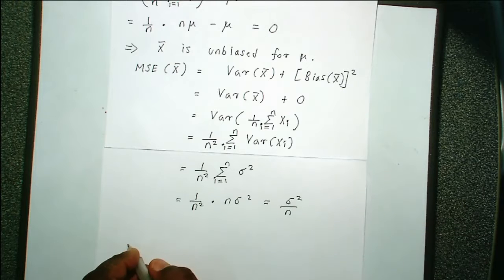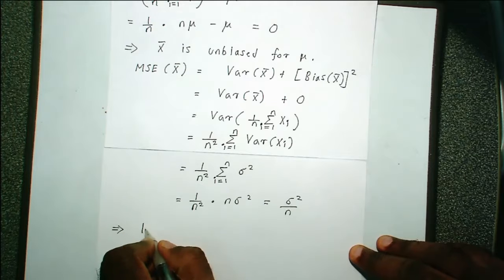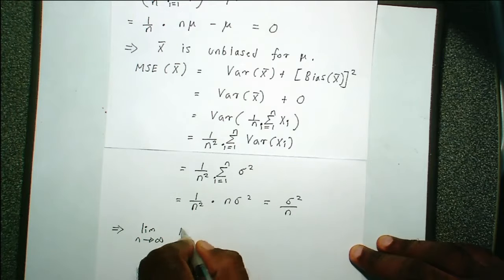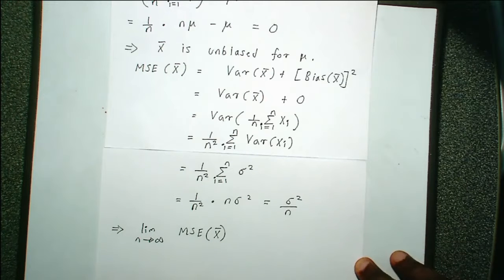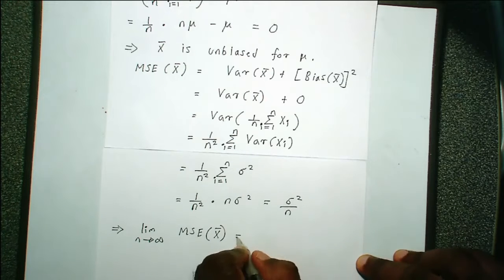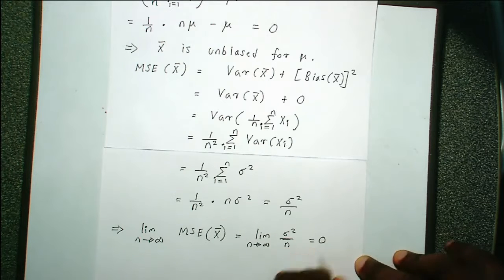Now, the next thing I want to see is if the limit of the MSE is 0. So remember, if the limit of the MSE is 0, then we can say that the estimator is consistent. Right? The limit is indeed equal to 0.